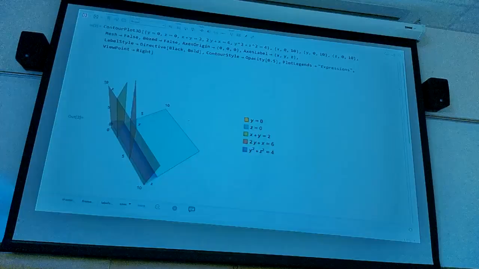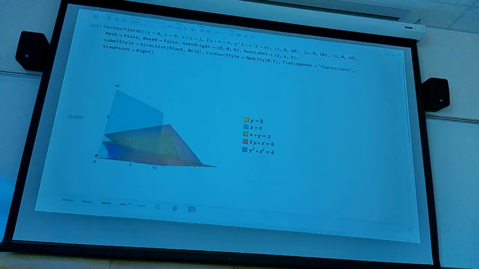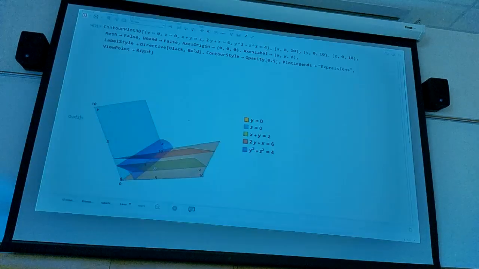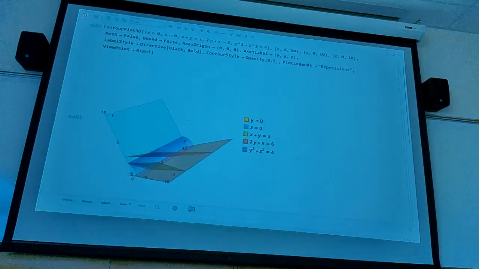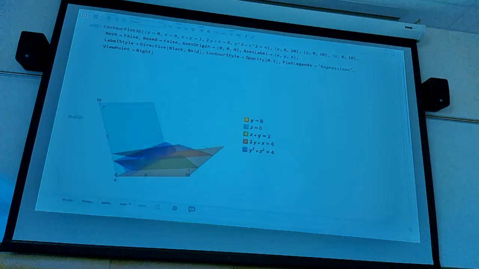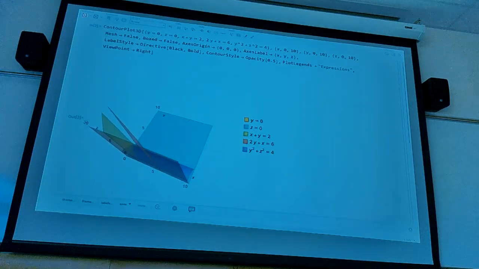That's not connecting. Oh my goodness. This plane should intersect at some point. Oh, I don't think I need them to intersect. No, I don't.